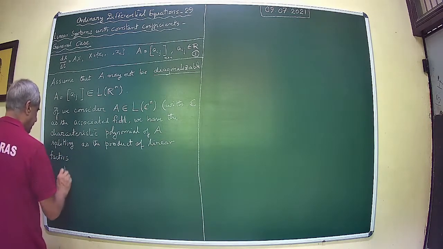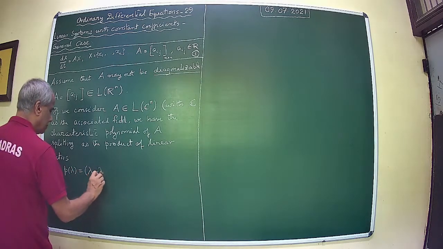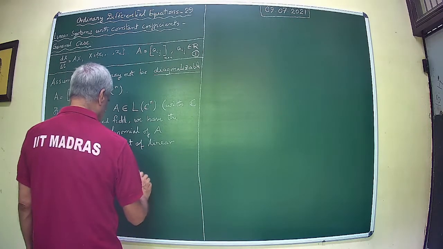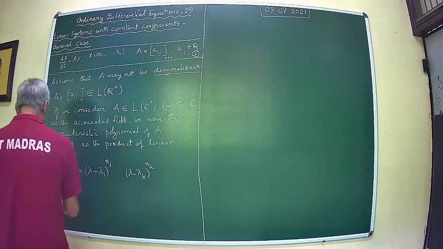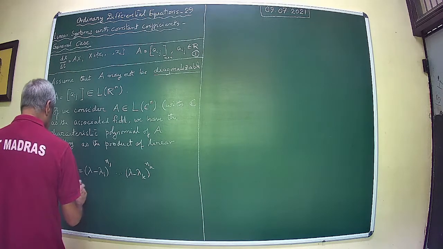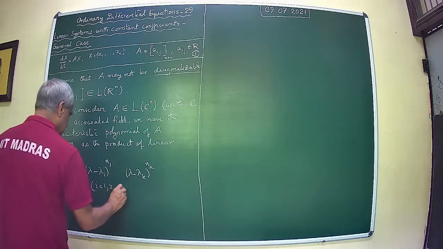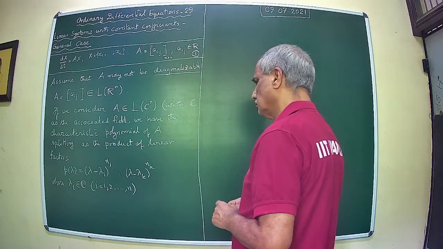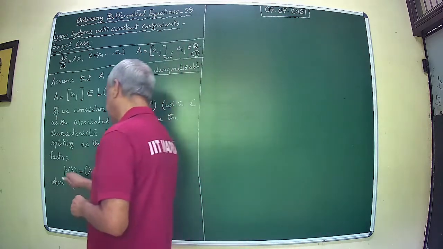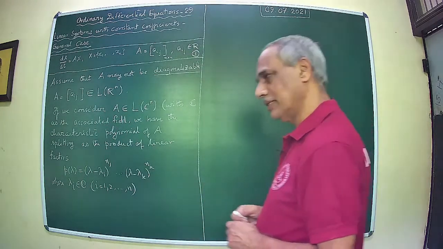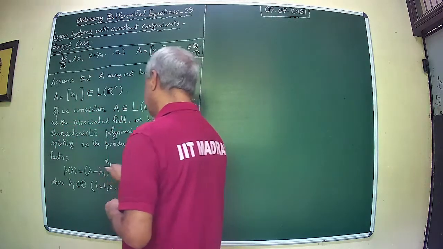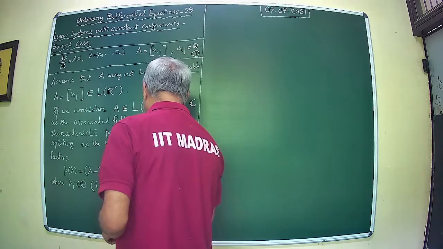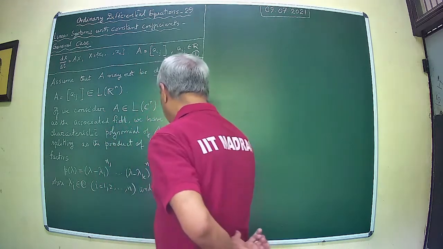Or you can write P of lambda in that form, where, because P is a real polynomial, a polynomial with real coefficients, it has got complex roots, and lambda i is not equal to lambda j whenever i is different from j.